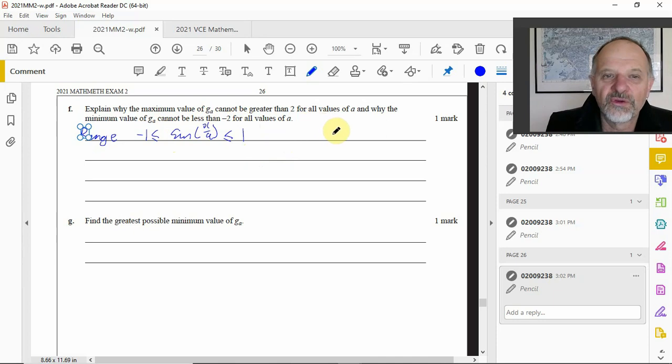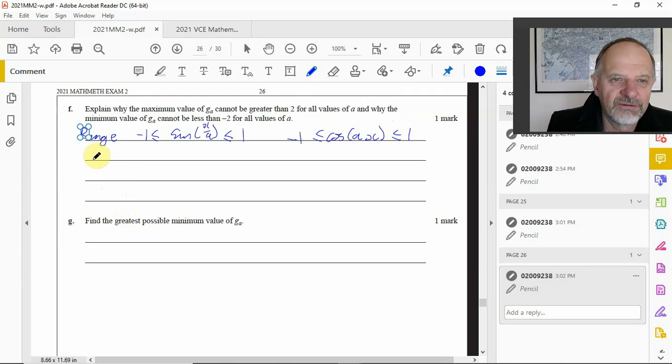And for the cos AX, it's a similar argument. Whatever that angle there is, when you take the cos of it, you can't get anything smaller than -1, and you can't get anything bigger than 1.